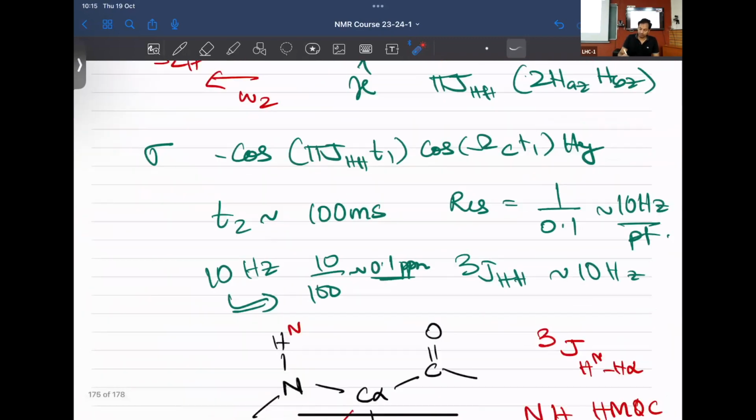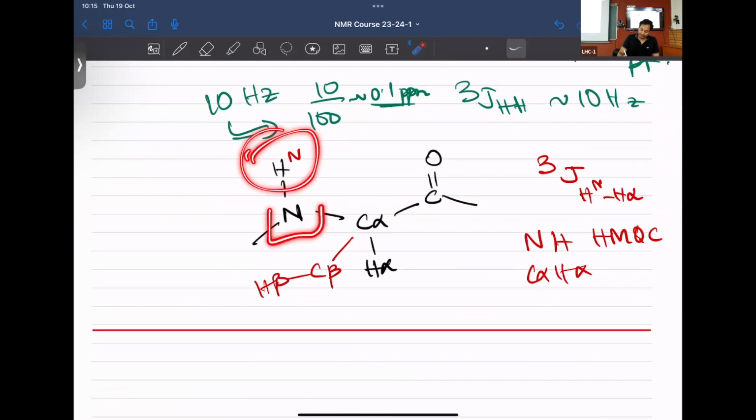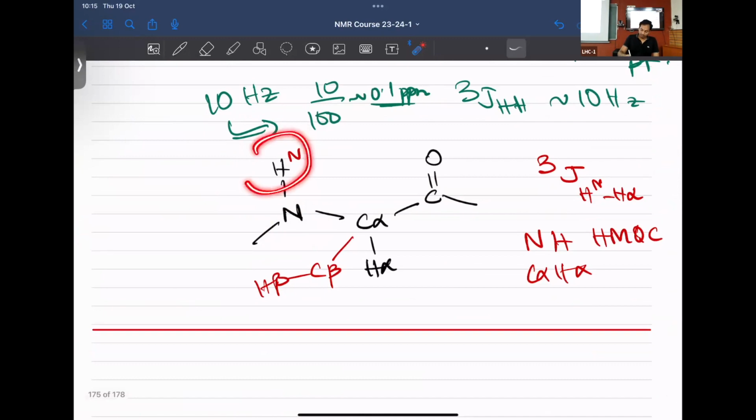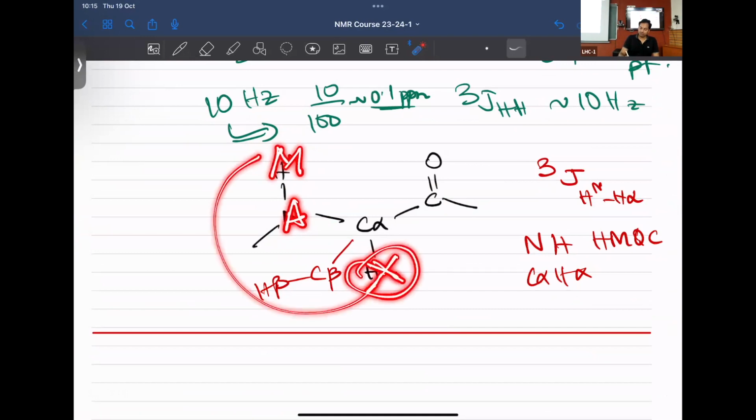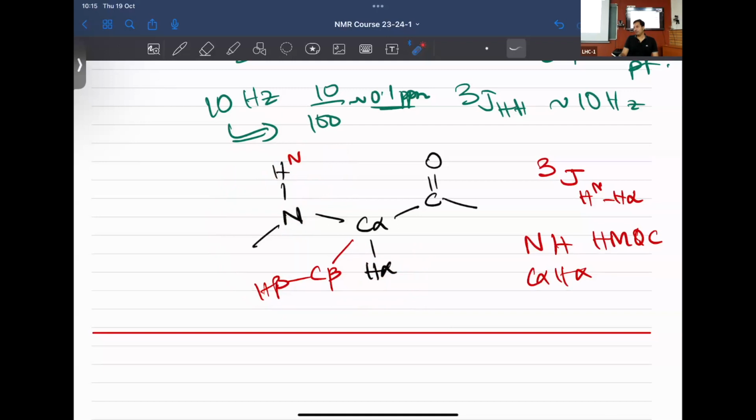You're looking at this proton and the HMQC with respect to the nitrogen, let's say. But now this proton couples with the H alpha proton, right? So this can be thought about as M, this can be thought about as A, this can be X. So you're talking about AM and MX coupling with each other and AX coupling being rather weak.